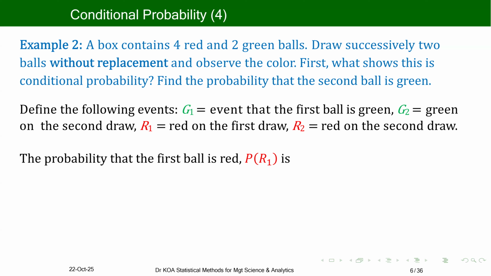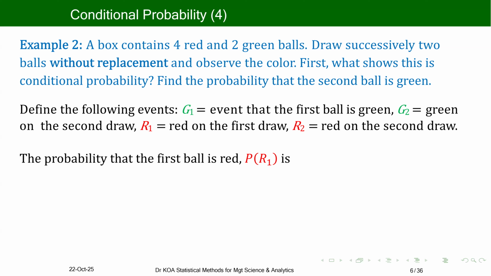So you close your eyes. Right now, how many balls are in the box? 6 balls. Keep that in mind. You close your eyes, pick a ball from the box, and then check the color.